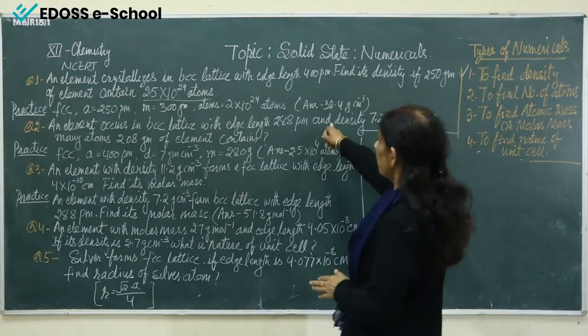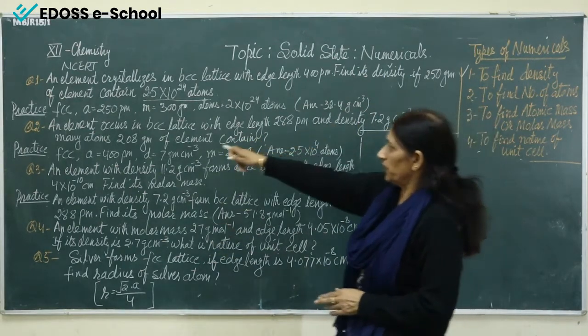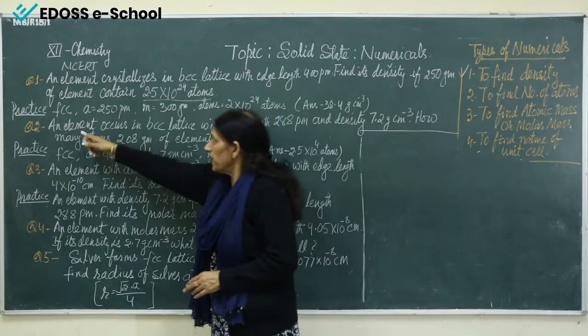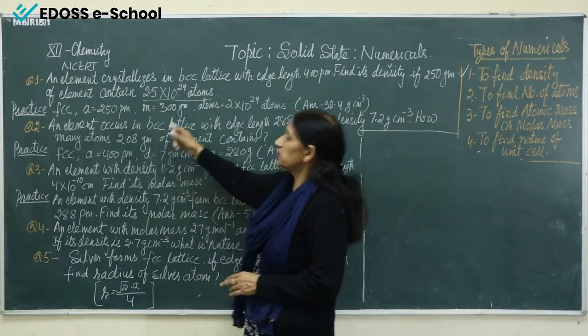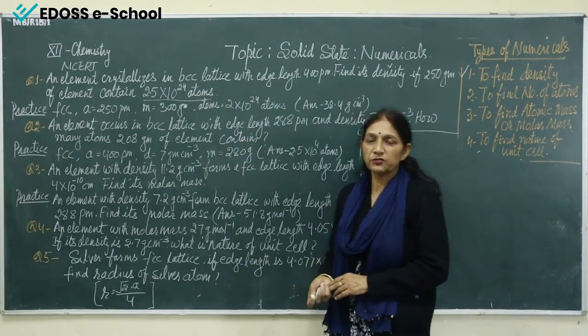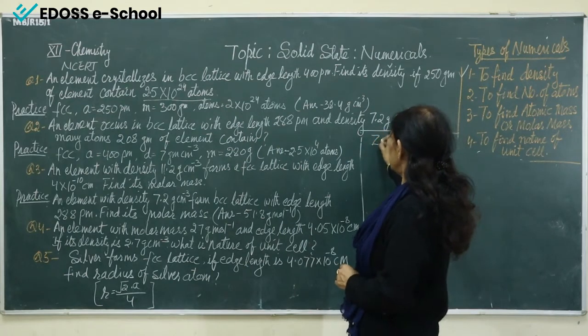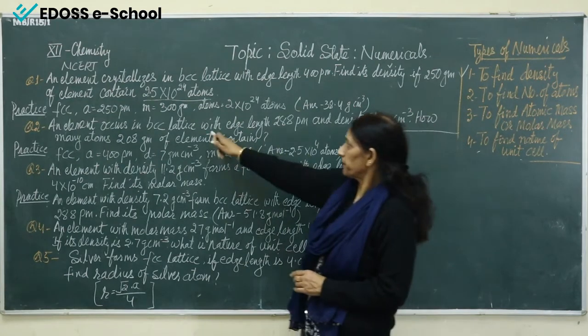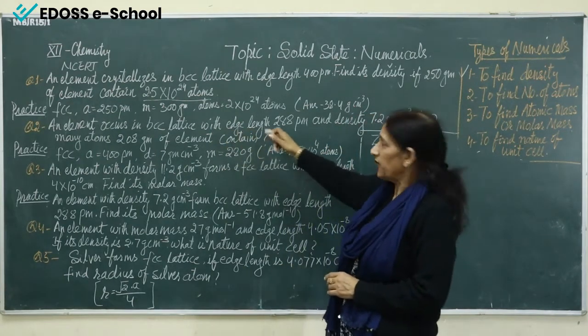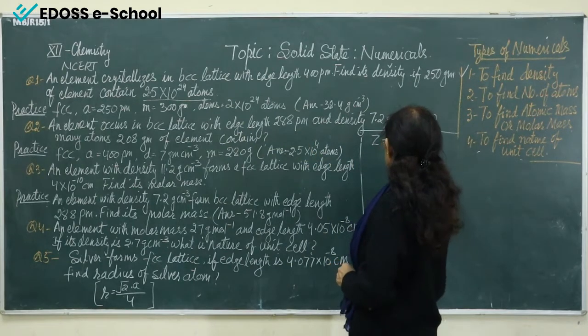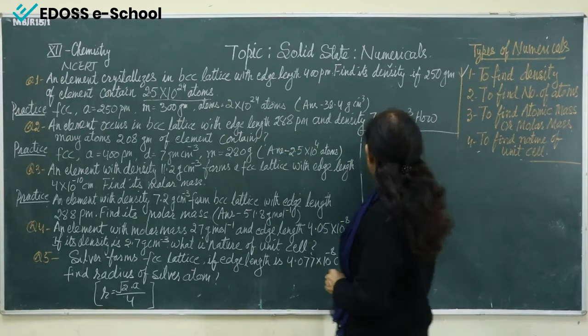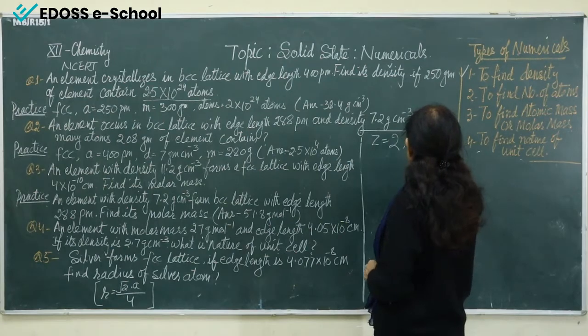Same way, first of all, we will write what is given to us. Now see the question is, an element occurs in BCC lattice. BCC lattice means we can say that Z is equal to 2. Edge length is given, that means A is given to us. So A is given 288 picometer.